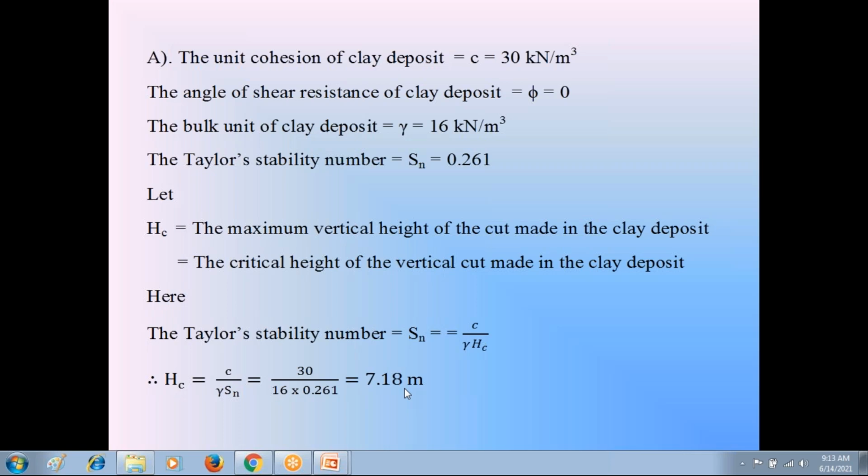So depending on the type of soil, the factor of safety changes. The equation you suggested is for cohesionless soil.